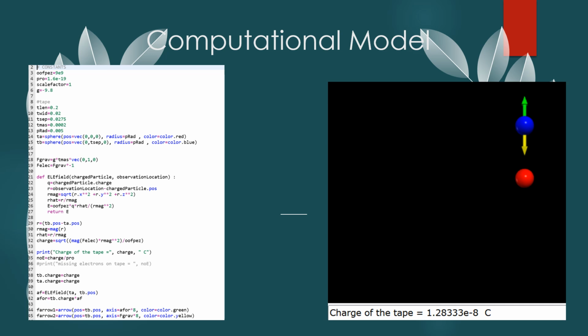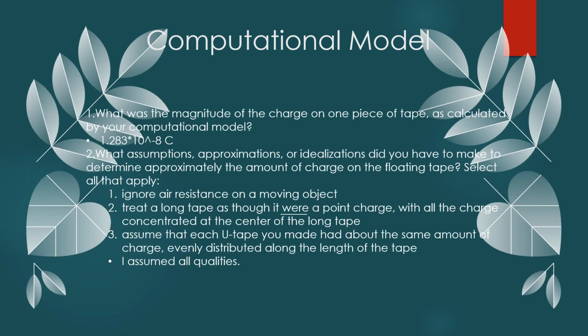We have the length, width, and a bunch of other factors for the tape. We did the calculations to find the electric force and gravitational force. I don't think this video plays, but this is a computational model of it. Here's the computational model continued.